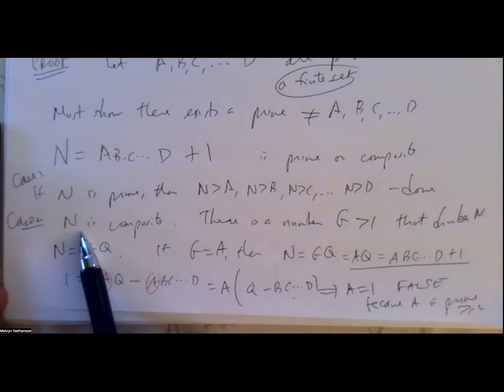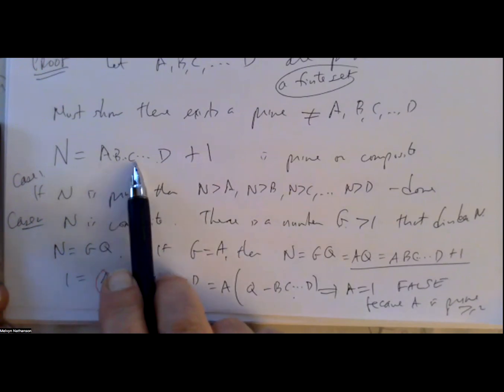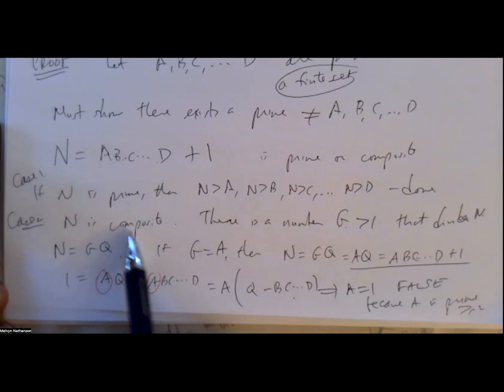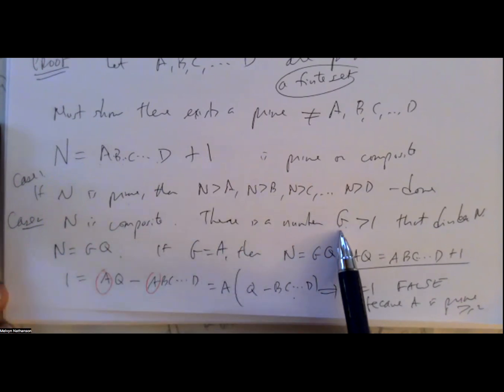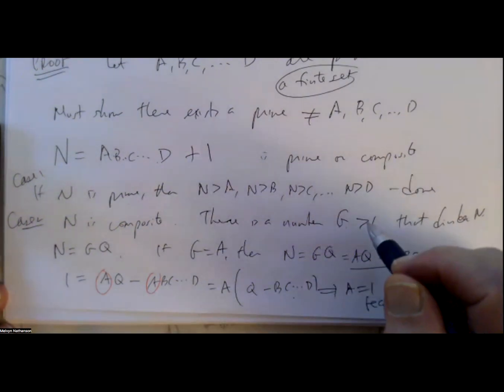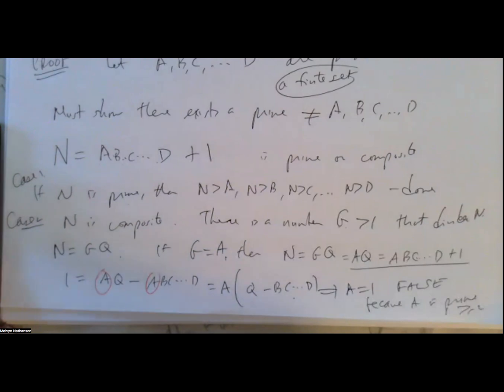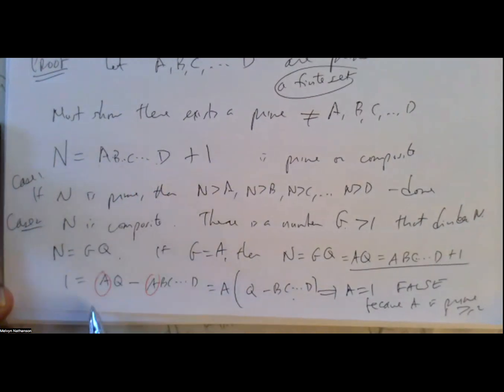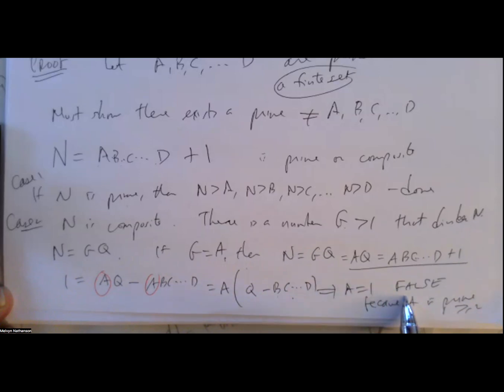So in the second case, I assume this number n is the product of these primes A, B, C up to D plus 1. If n is composite, it's divisible by some number G between 1 and n. Right? That's what it means to be composite. Now, if G were one of these primes, say G were equal to A, I would rearrange the equation and get that A equals 1, which is false, because A is a prime, and a prime number is at least 2.